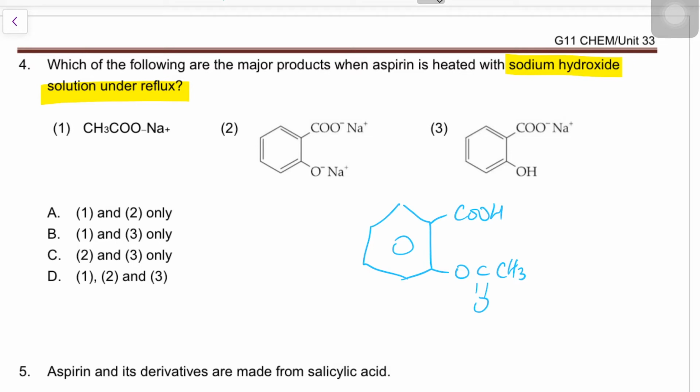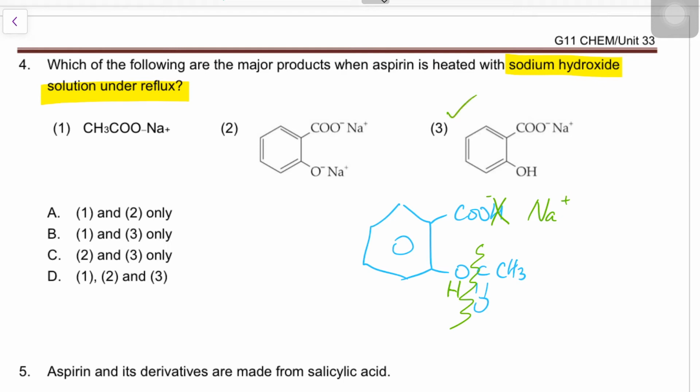So first, the hydrogen ion will be replaced by sodium ion. And the second one, as I mentioned, there will be a hydrolysis. After hydrolysis, an H will be introduced in the alcohol part. So 3 will be the answer.